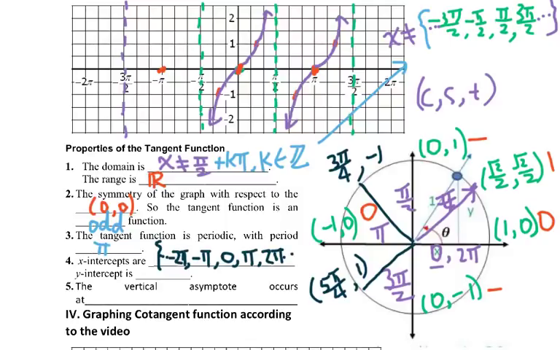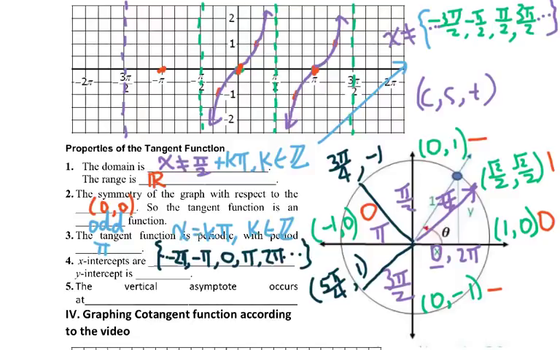So you keep going. Or you can write that the x-intercept will be pi times k or k times pi, where k is all integers. Either way will be okay.